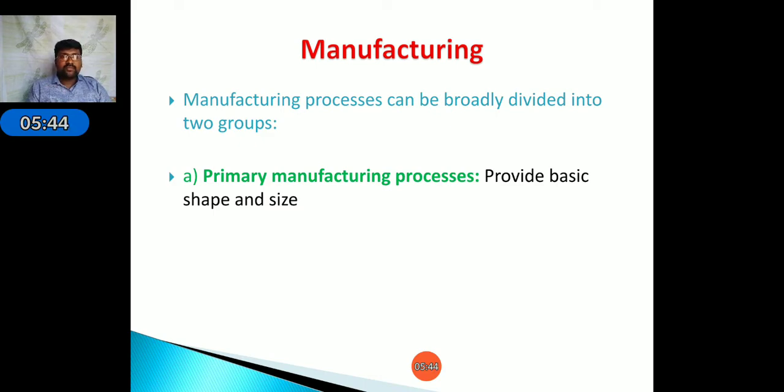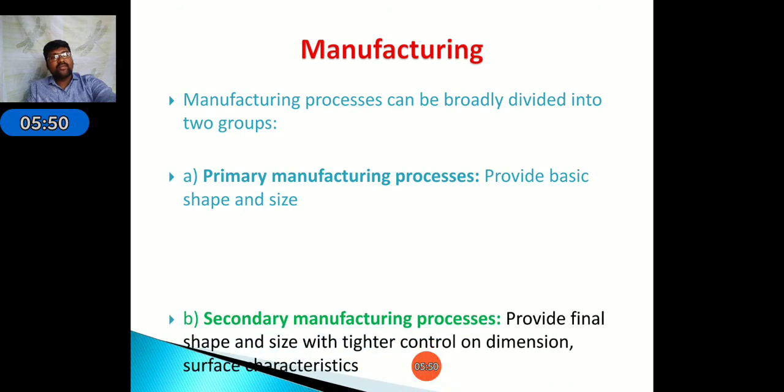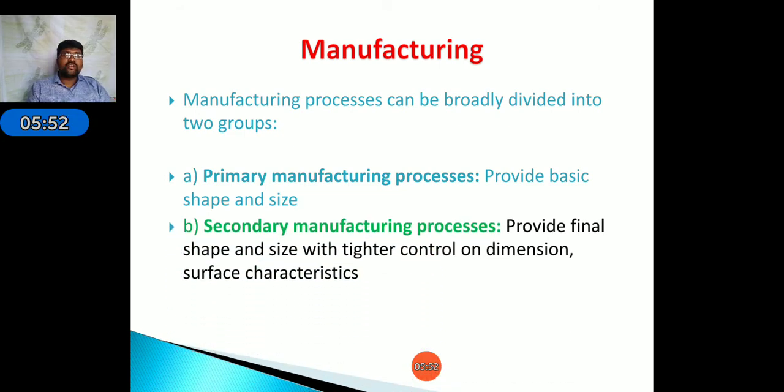That is, manufacturing mainly here is divided into two groups, that is primary manufacturing process and secondary manufacturing process. In primary manufacturing process, that is basically provide basic shape and size by using different methods, that is solidification process, forming process.